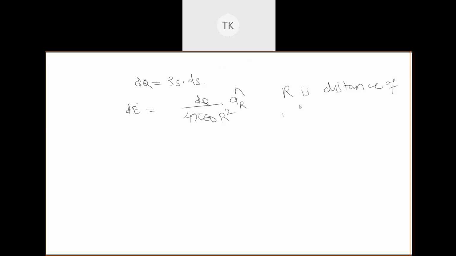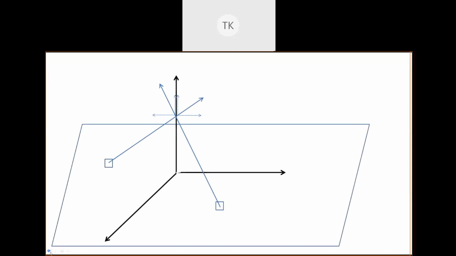Okay, r is nothing but the distance of dq and the point at which we are calculating electric intensity, in our case point P. So r is the distance between dq and point P, and we will calculate the distance between both of them.